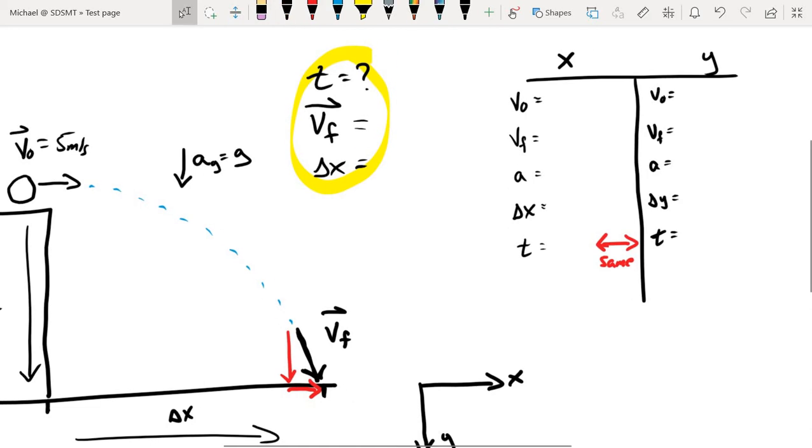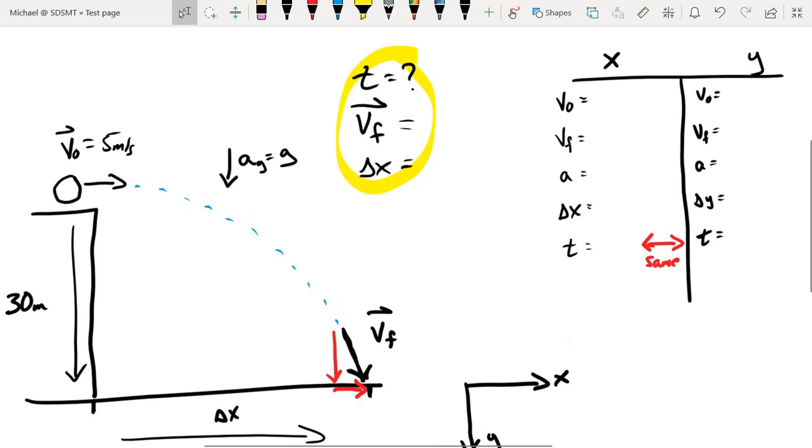Okay, so we'll start with the initial velocity, and what we really have in front of us here are the x and y components of the initial velocity. Looking at it, the initial velocity is all in the x direction when we start. And so that means all the value will go into the x column.